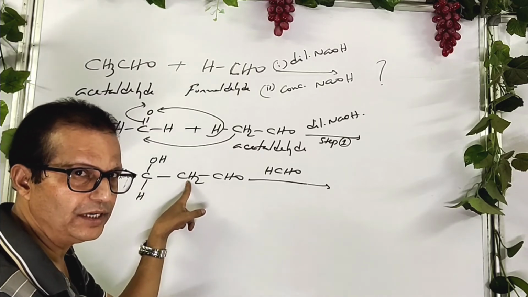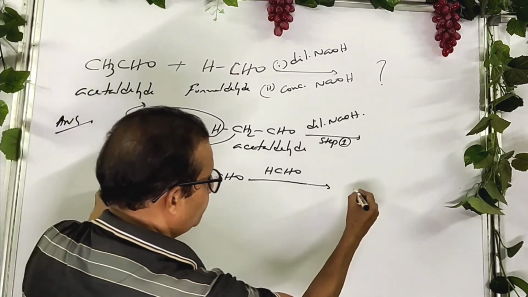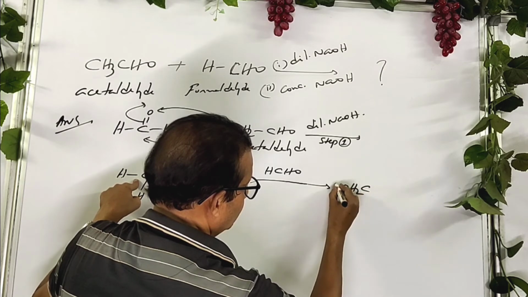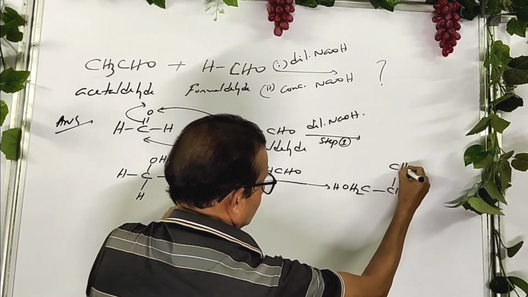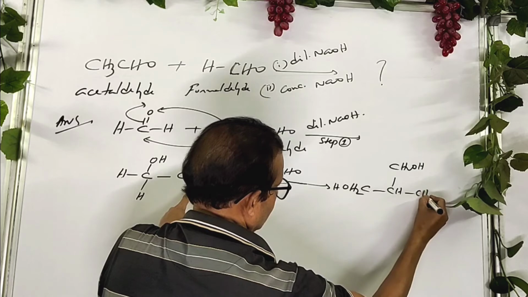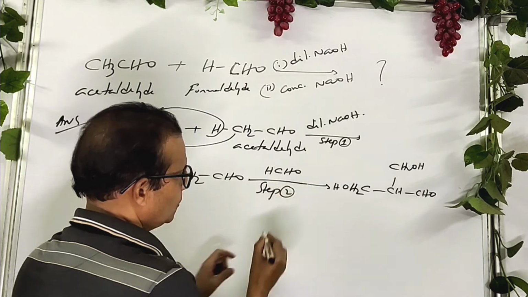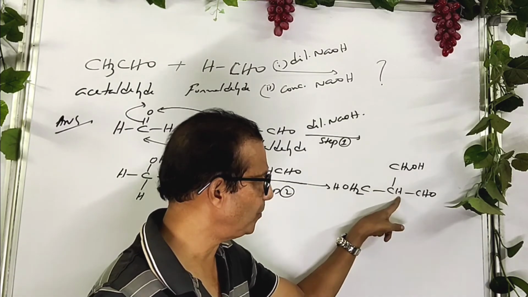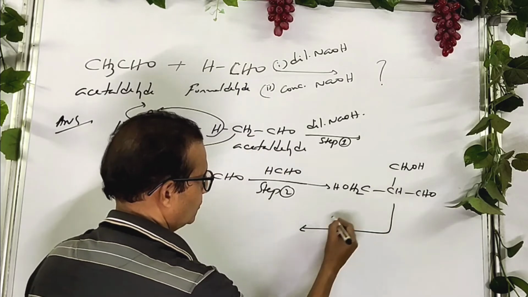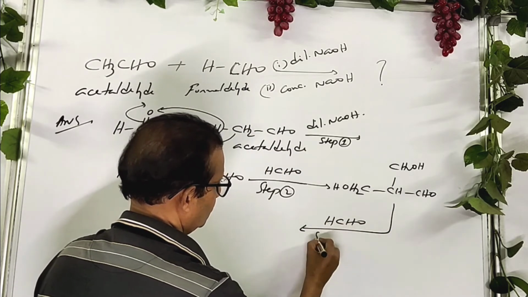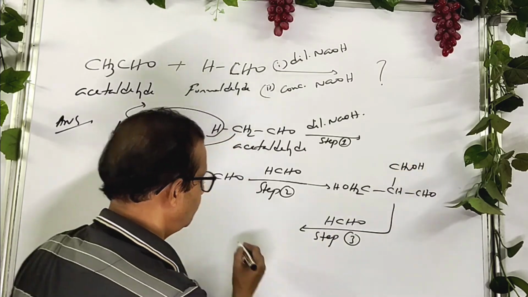Another alpha hydrogen atom is replaced by CH2OH group. Again, this compound contains another alpha hydrogen atom. So this compound again reacts with another molecule of formaldehyde. So this alpha hydrogen atom is replaced by CH2OH group.